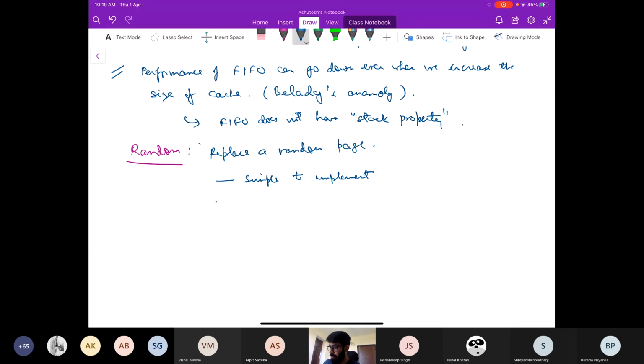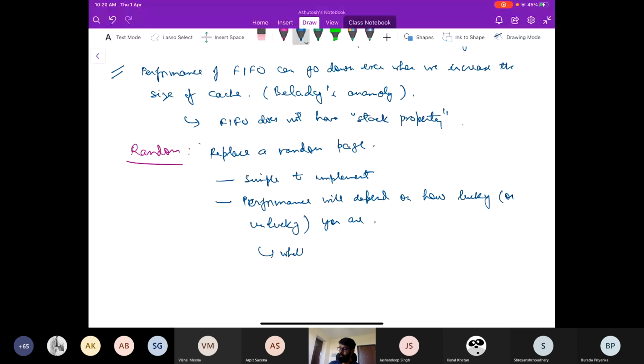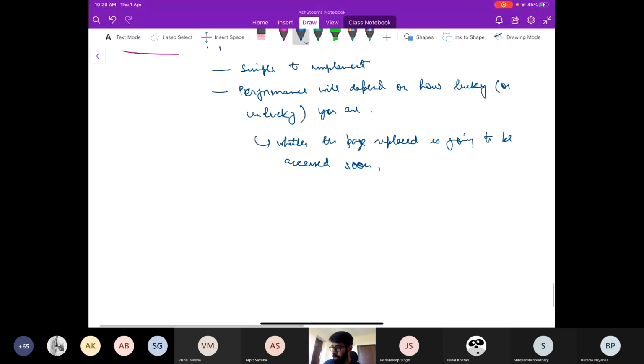But the performance will depend on how lucky or unlucky you are, whether the page replaced is going to be accessed soon.